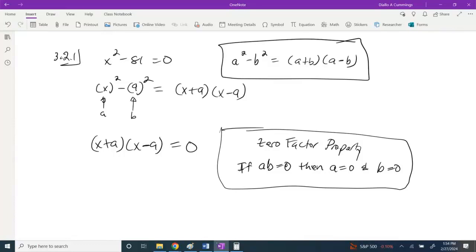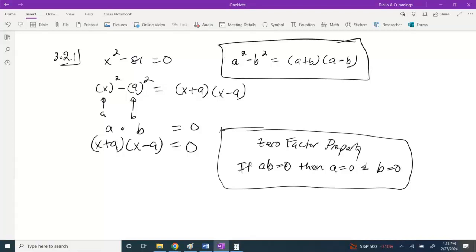So in my case, x plus 9, that's sort of like a. X minus 9, that's my b. And they're being multiplied, what I said in parentheses, equal to 0.